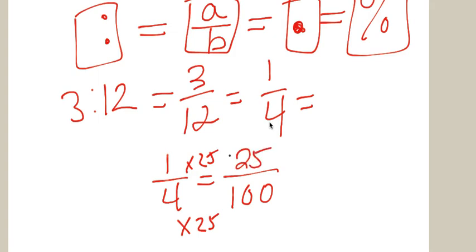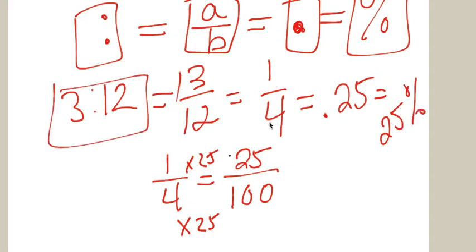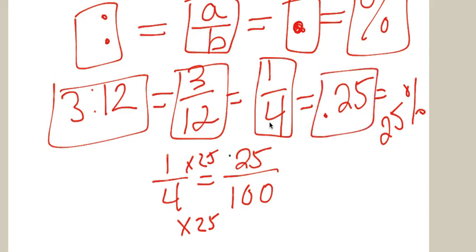So what would that be as a decimal? 0.25, which as a percent, you move that decimal 2 places to the right, so it would be equal to 25%. So all of these are equal, even though they look different. We have a ratio, a fraction, a simplified fraction, a decimal, and a percent that are all equivalent to each other.